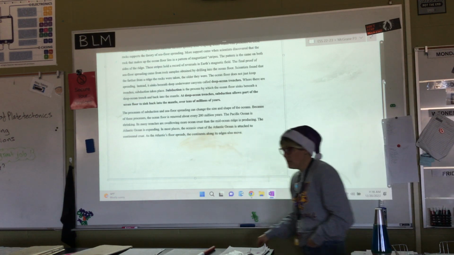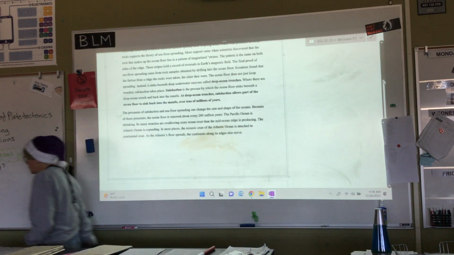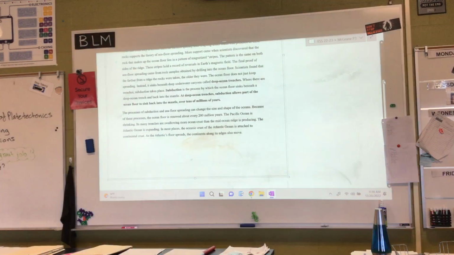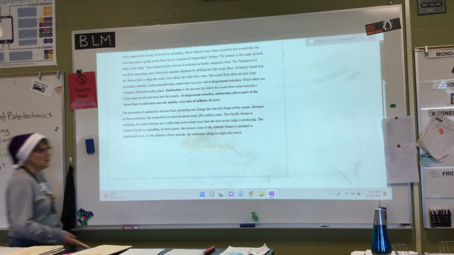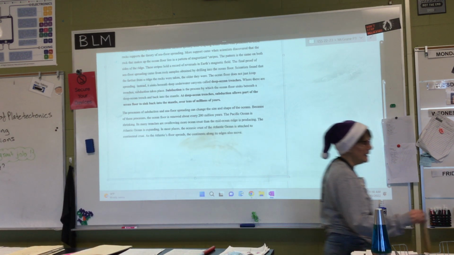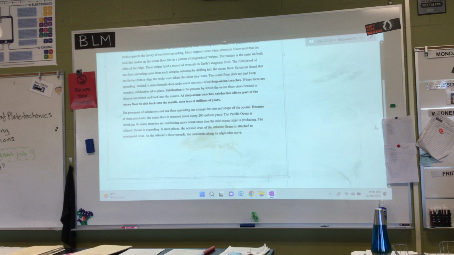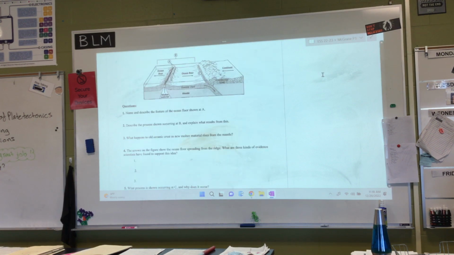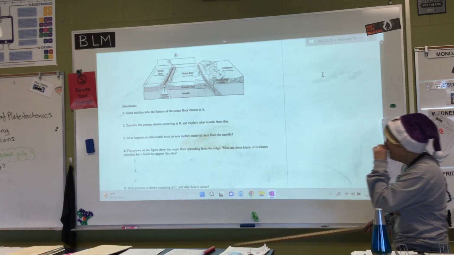So flip over that paper, please. You have got a picture on the back side, and it's got some letters on it. So you are going to go ahead and look at that with the notes that we took, with the information that you have, with the reading that we had on the front side.